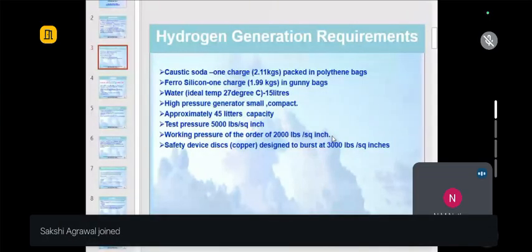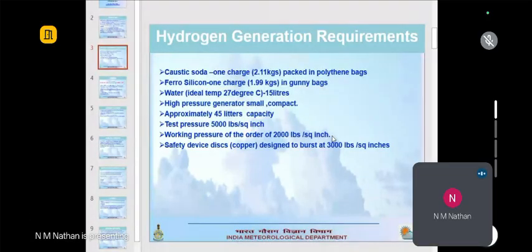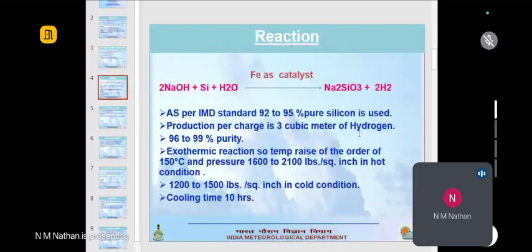And we have to use plain water only, roughly 27 degrees centigrade. It's an ideal temperature; water like this we have to use for this particular purpose. If you use it, then immediately the gas will be generated.